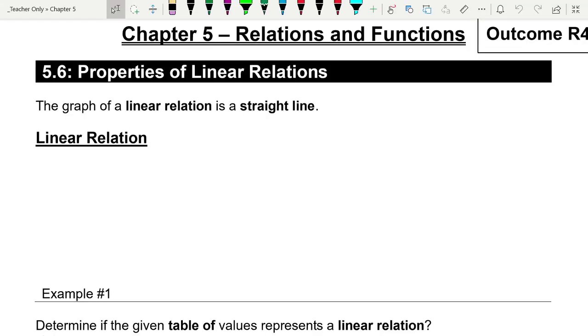We should know from grade 9 what a linear relation is, but let's define it using technical terms here.